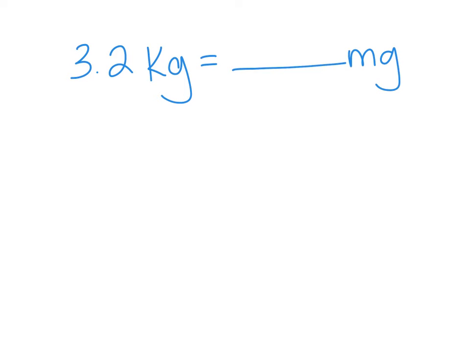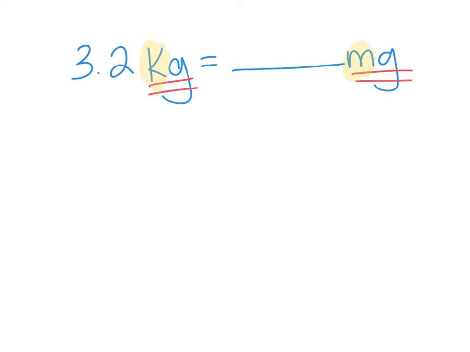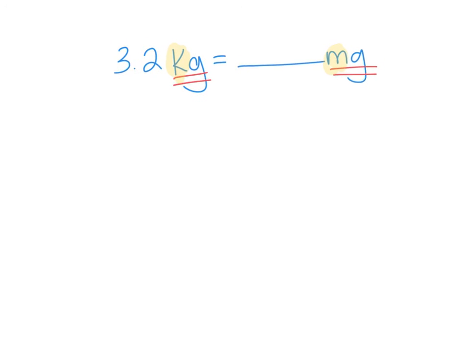Now, remember on the last one that we just did, I told you guys to look at your known and your unknown prefixes. So on this one, I have kilo as a prefix and milli as a prefix. If I have two prefixes, it's going to be a two-step problem, okay? So on this one, we know it's going to be a two-step problem.